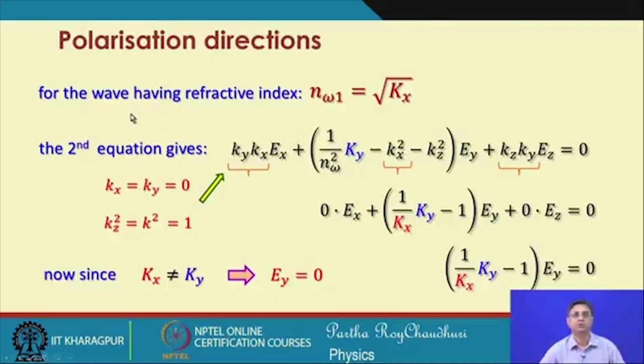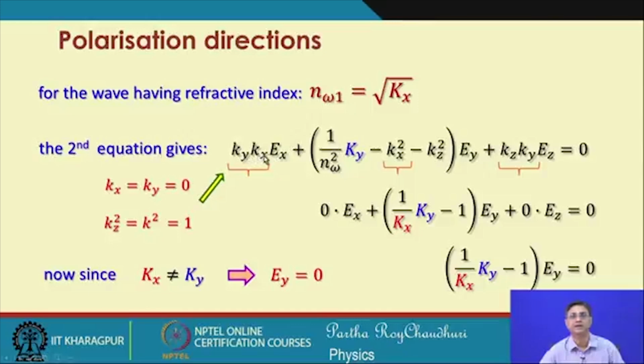So, let us first use the value of n omega 1 equal to the square root of k x, that is the permittivity along the x direction. If we use this value in the second eigenvalue equation, remember that the second eigenvalue equation looked like this.